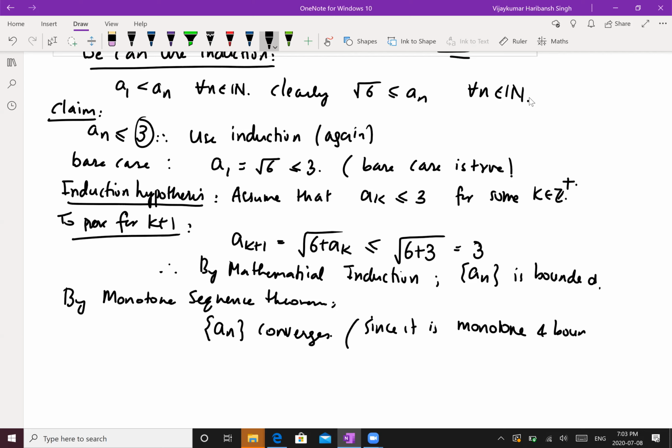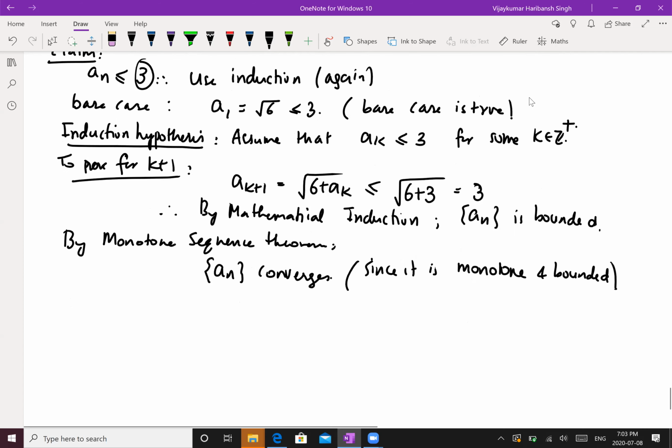A bounded monotone sequence is convergent. That is what the monotone sequence theorem is.